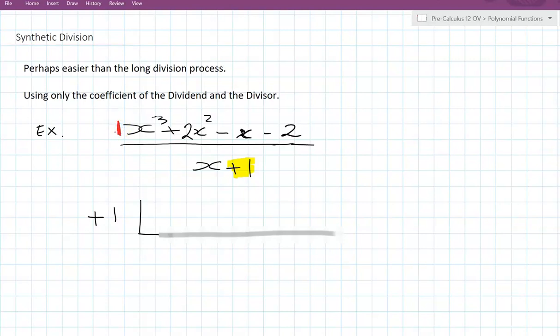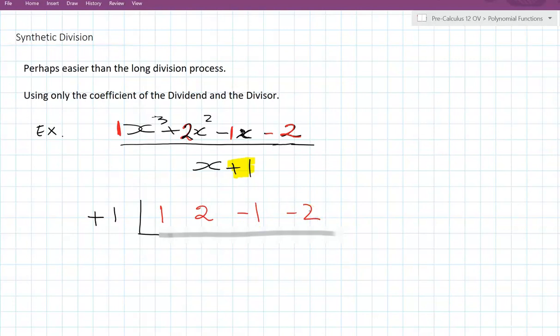So here's the coefficient of x cubed. The coefficient of x squared is 2, minus 1 is the coefficient of x, and then negative 2 is the constant term. We're going to write these down in here, so that would be 1, positive 2, negative 1, negative 2. Okay, simple as that.